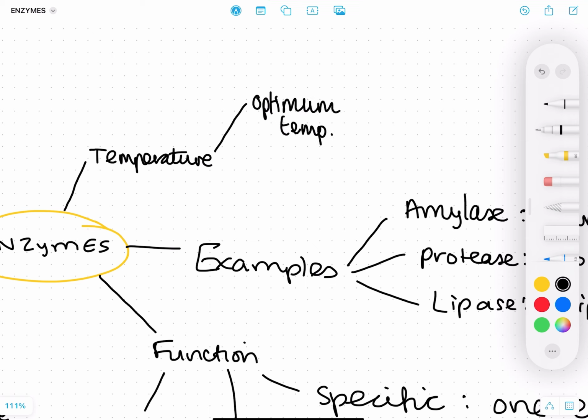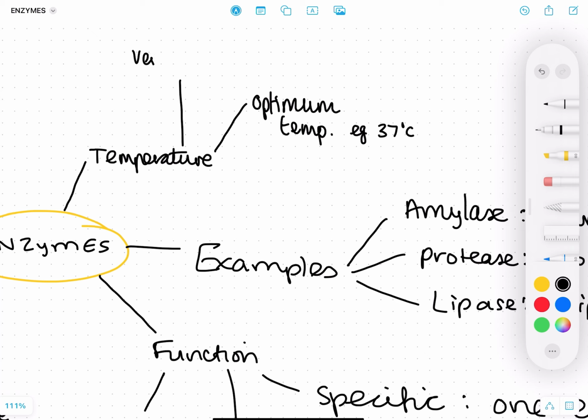In a human, the optimum temperature would be 37 degrees because that is the body temperature of a human. However, in a plant, the optimum temperature would be lower, maybe 22 degrees. So not every organism has the same optimum temperature.